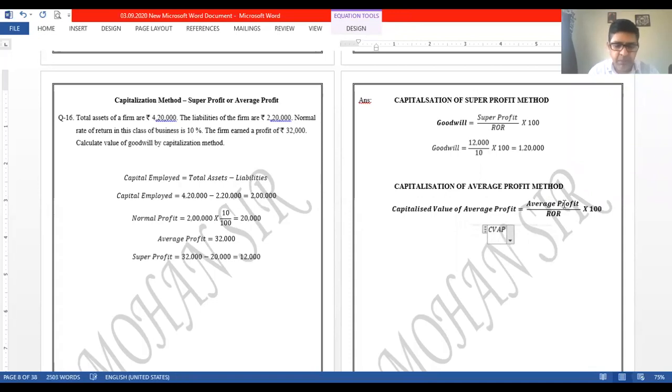CVAP. Okay, the abbreviation can be used for solving the sums, but not in the board exams, right? Capitalized value of average profit is equal to average profit. Average profit was 32,000, correct, to be divided by the rate of return, that's 10%, into 100. Okay, so that will be equal to, again, it's very easy to calculate, 3,20,000. So we have the capitalized value of average profit as 3,20,000.